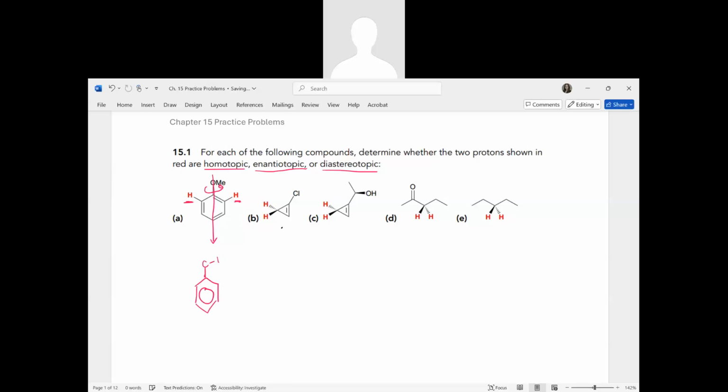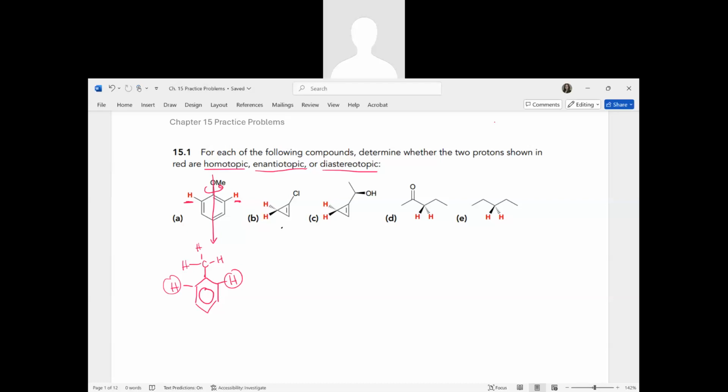So what we would see here would be a compound that looks like this. So either of these two protons shown here would therefore be homotopic. We can see that these are equivalent, and with the replacement test, we would have the same compound.